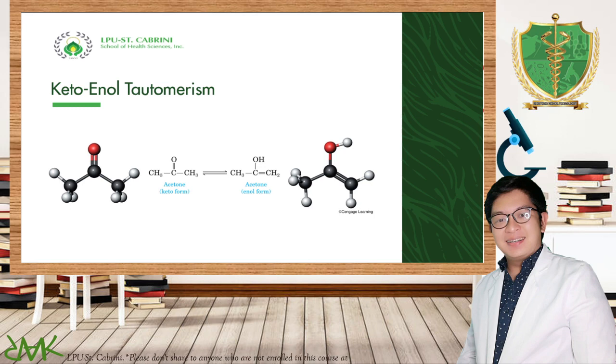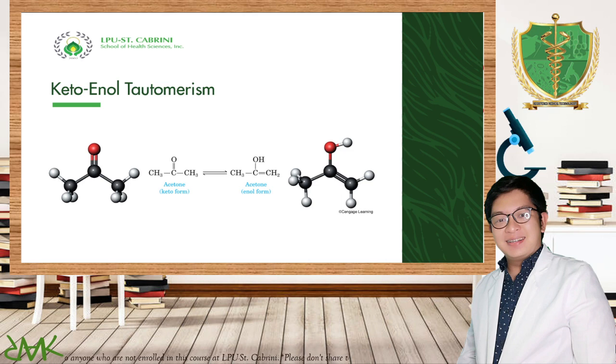An aldehyde or ketone that has a hydrogen on the alpha carbon, I repeat, the hydrogen, is in equilibrium with a constitutional isomer called enol.